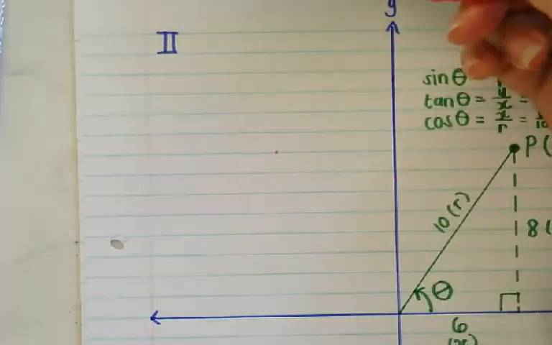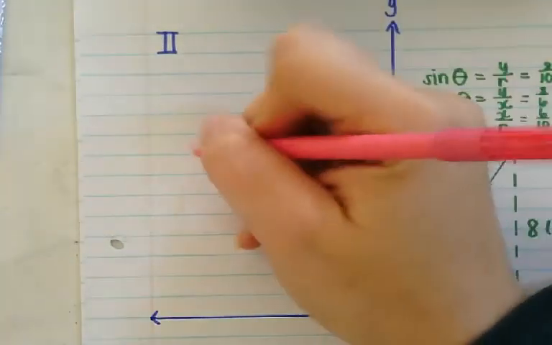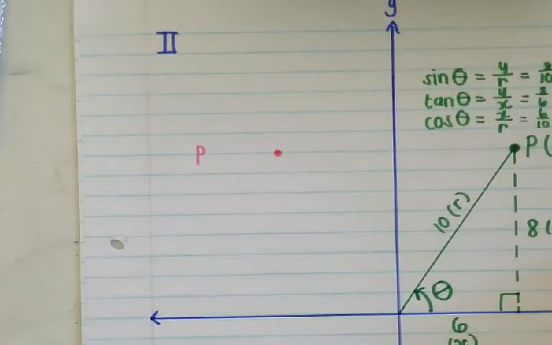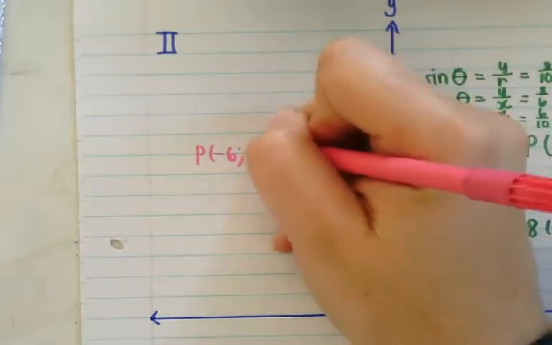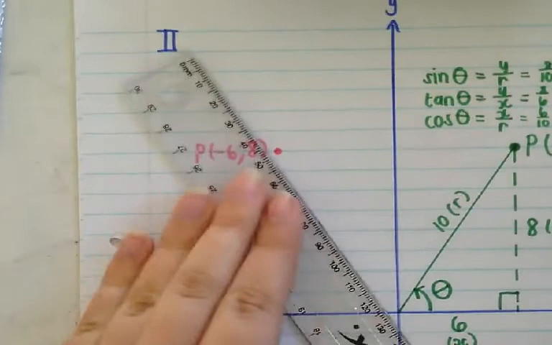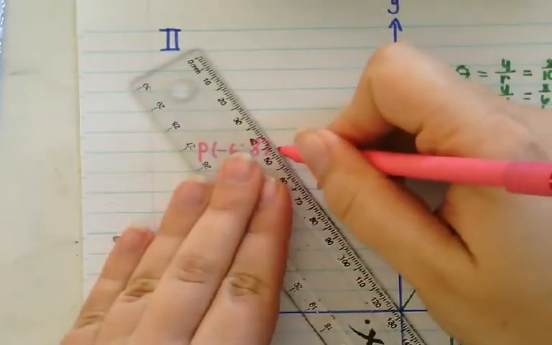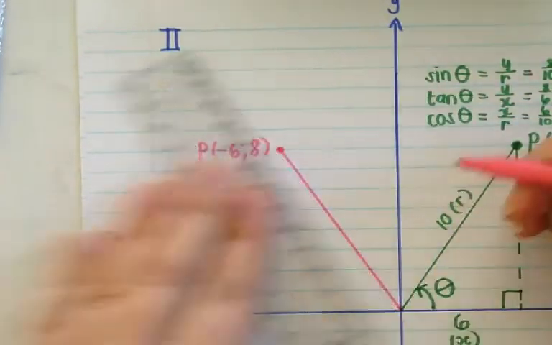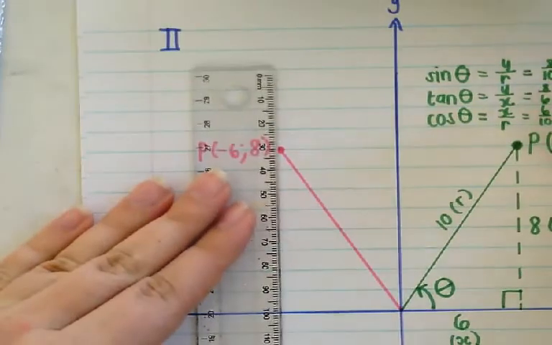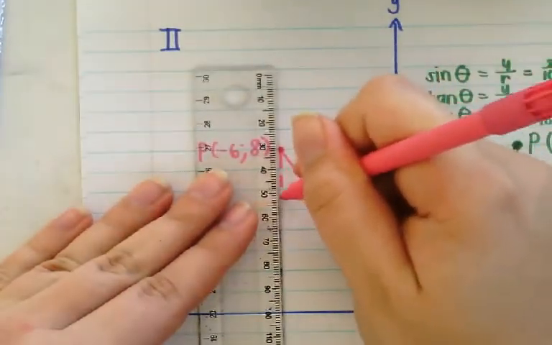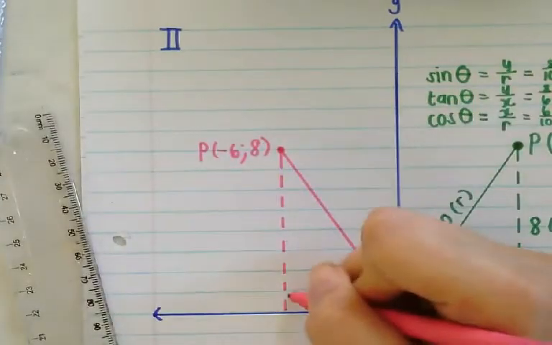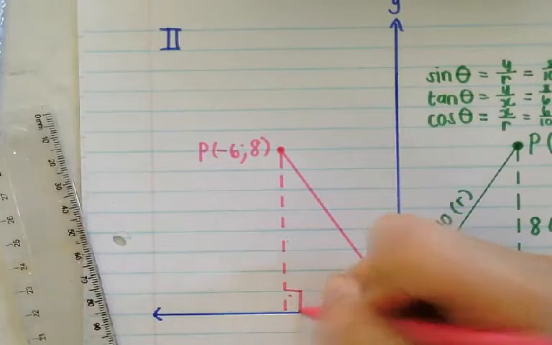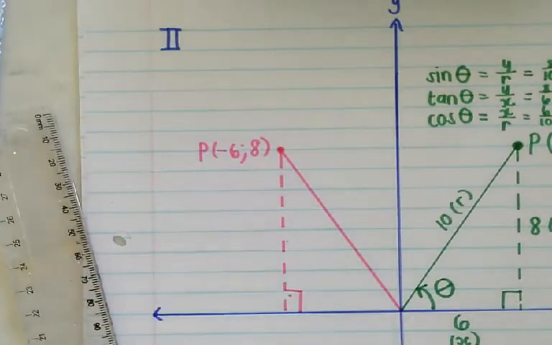I'm going to use the same numbers, but now can my x value still be positive 6? What will it be now? Negative 6. Can my y value be the same? Look very carefully where my 90 degree is formed.